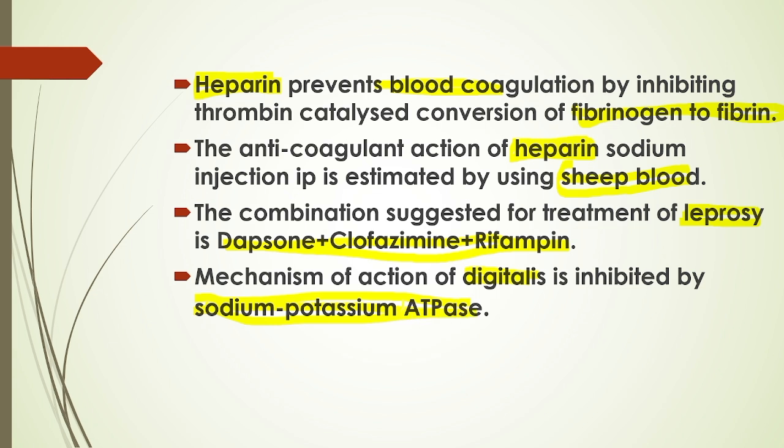Sodium potassium ATPase is a type of enzyme which pumps sodium and potassium in the heart, and its inhibition leads to an increase in the force of contraction. Okay, it acts as an enzyme inhibitor and increases the levels of intracellular cations. Okay, these sodium levels may be increased by using digitalis, and it increases heart contractions.